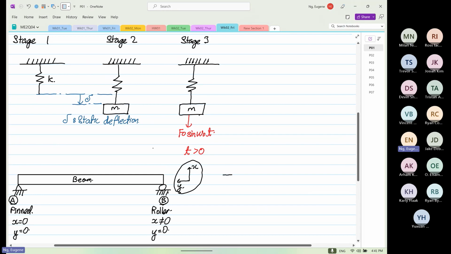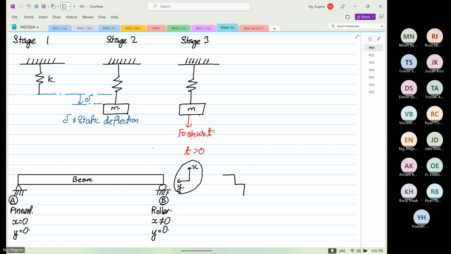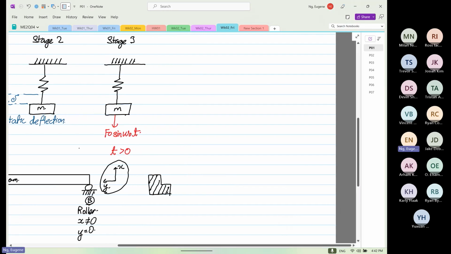So these are your supports. And on the other side, this is the other side of the support.